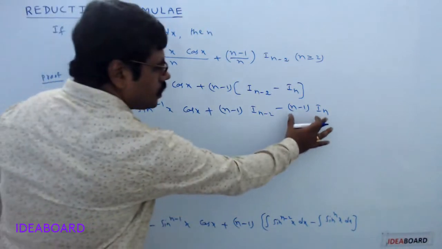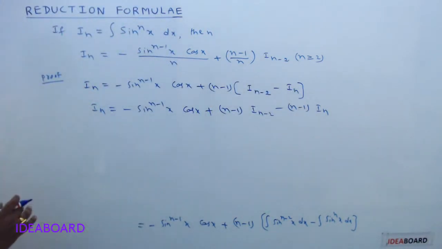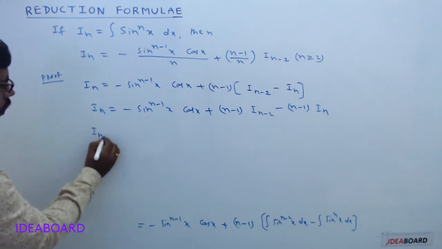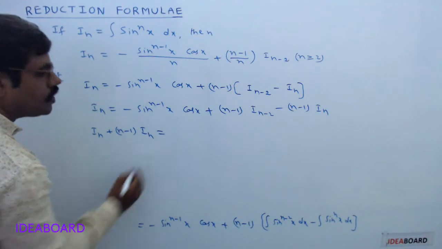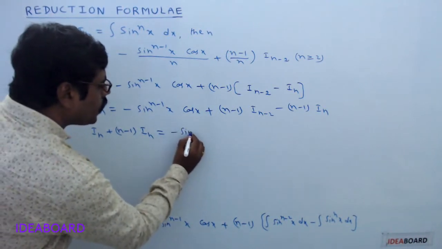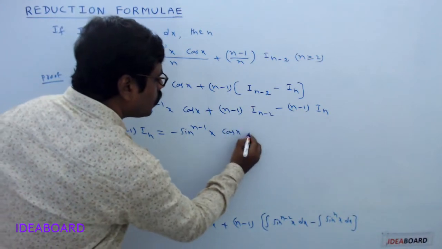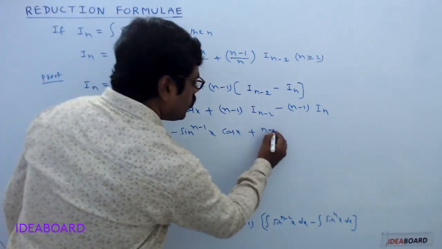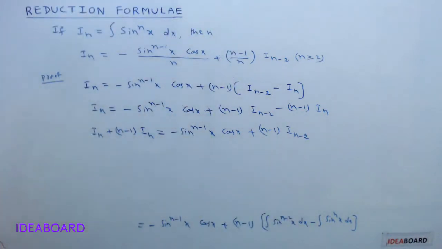Now bring this (n-1) into I_n term from RHS to LHS. I_n plus (n-1) into I_n equals minus sin^(n-1)x into cos x plus (n-1) into I_(n-2).